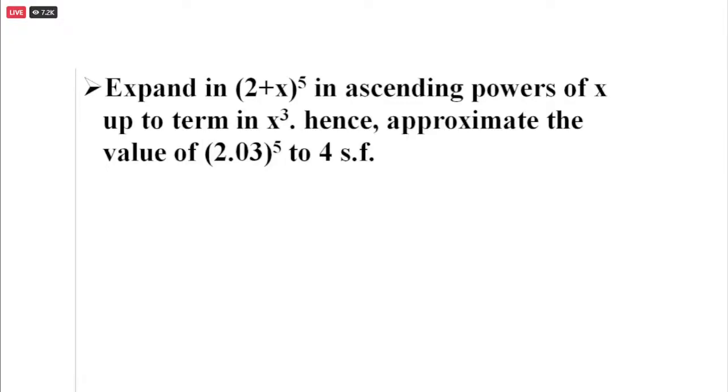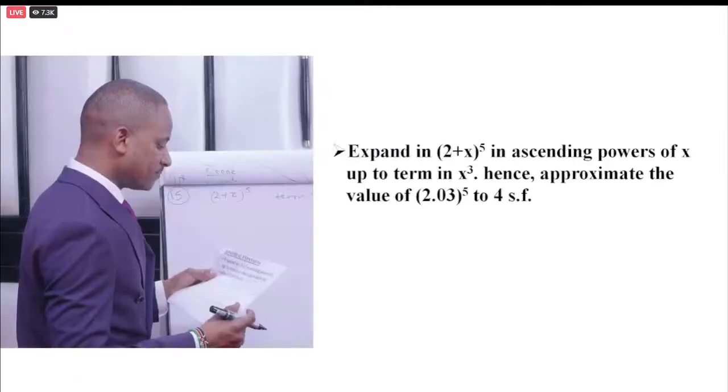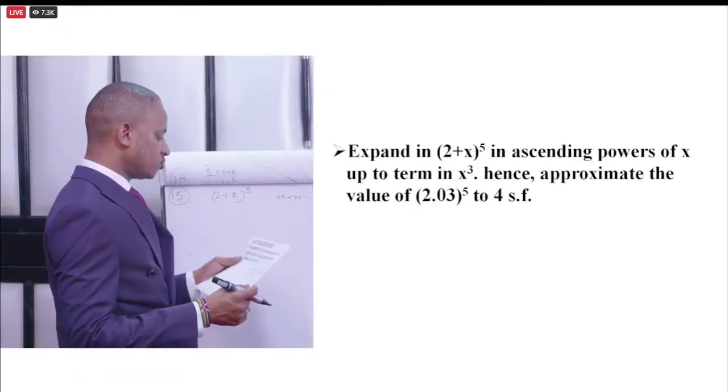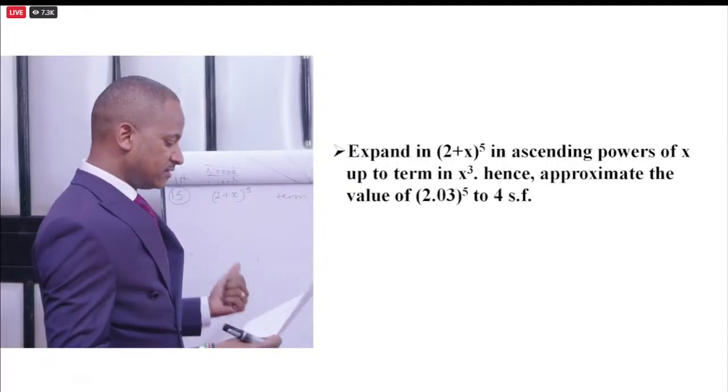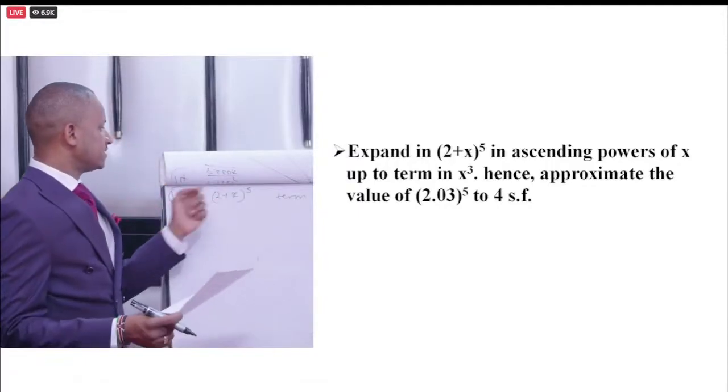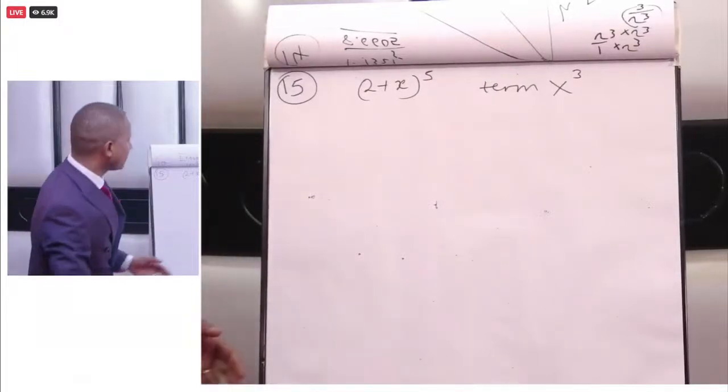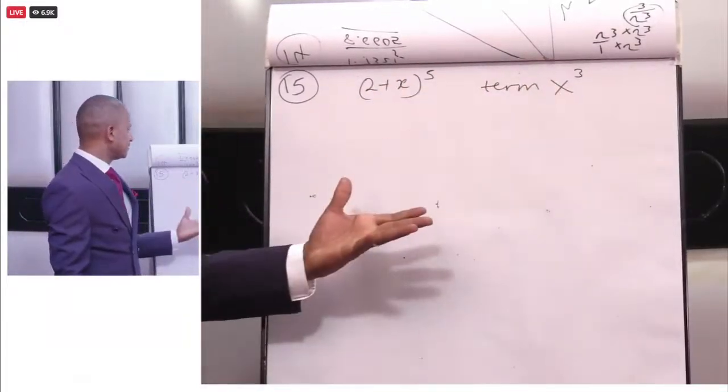Be careful about these terms. Hence, approximate the value of 2.03 raised to power 5 to 4 significant figures. So you are told to expand up to the term x cubed.